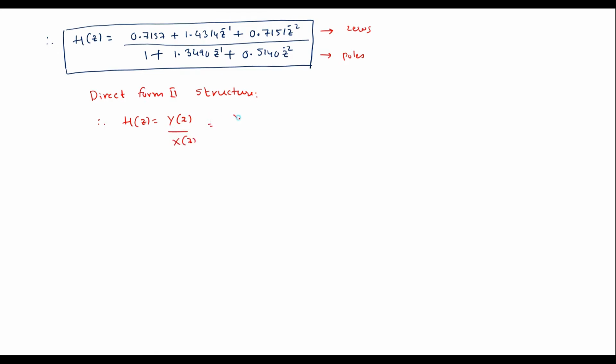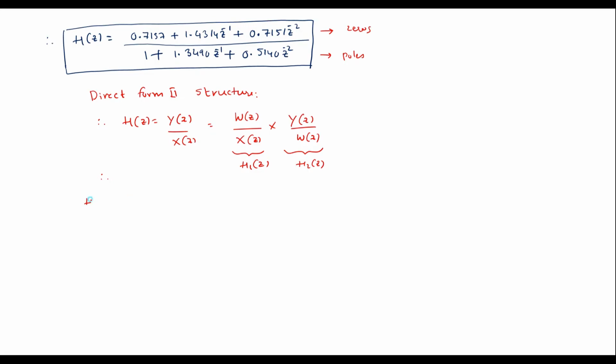In turn I will represent it by taking one intermediate output, say W(z): W(z)/X(z) into Y(z)/W(z). It is the same as this equation, where if you cancel W(z) and W(z), we will get the same term. Now I'll consider this term as H1(z) and this term as H2(z).